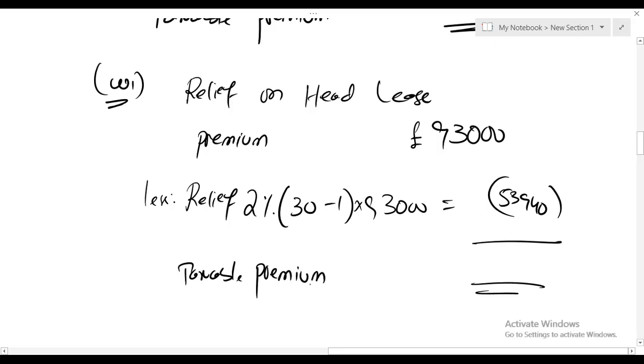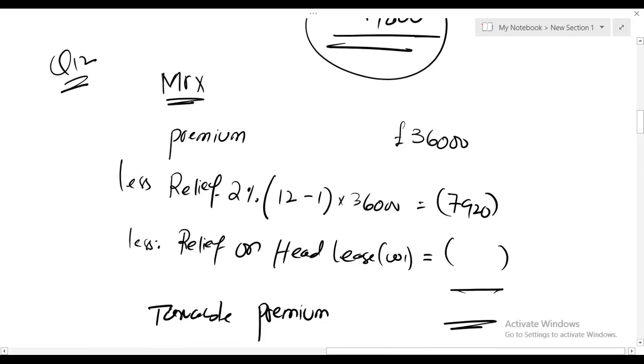This is the taxable premium on head lease, 39060. Once you have calculated this 39060, after that it is very simple. Just write 39060 over here, multiply this with the time period of sublease and divide this with the time period of head lease.